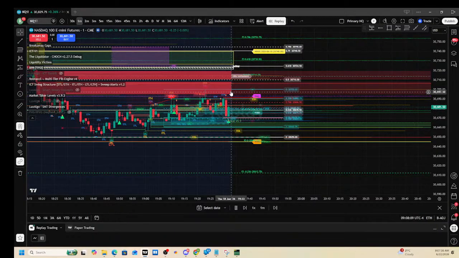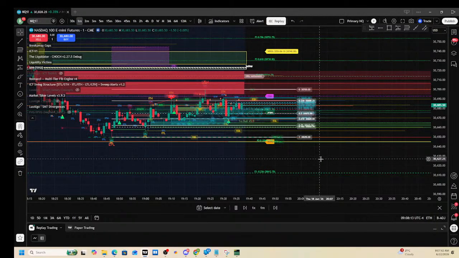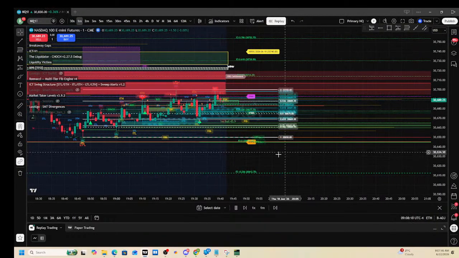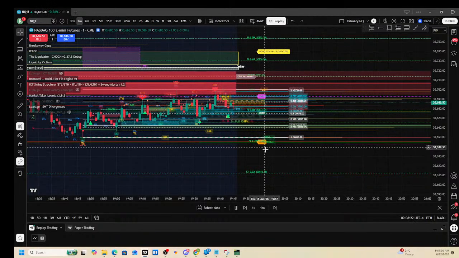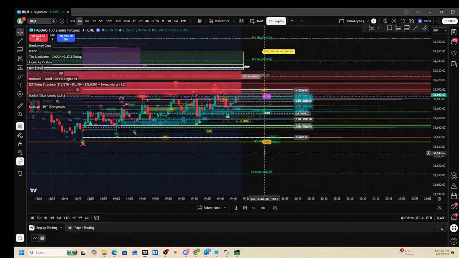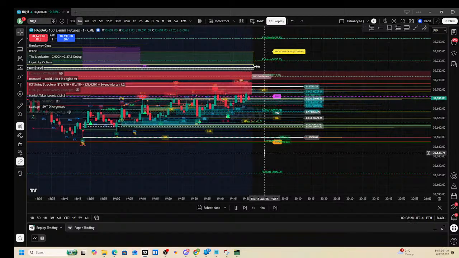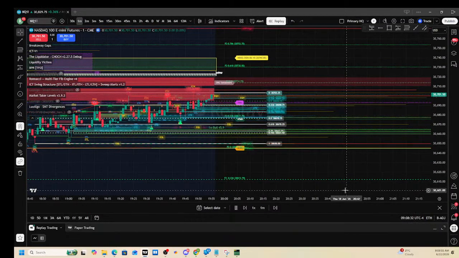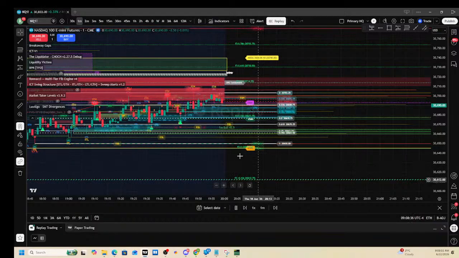Do you invalidate this breakaway gap? Let's find out. Tokyo Open coming. 7:55. The macro times aren't showing. 8 o'clock.